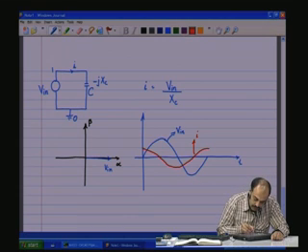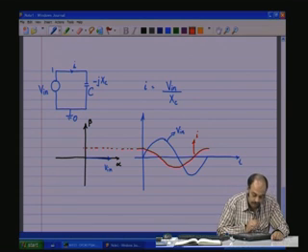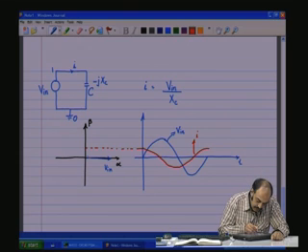Now, the other phasor is starting at this point. What is the angle? The angle between these two is 90 degrees leading. So, the current is leading by 90 degrees.